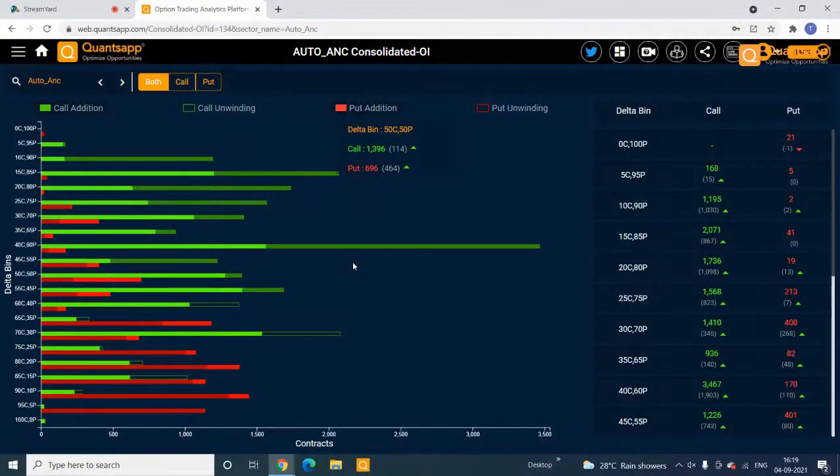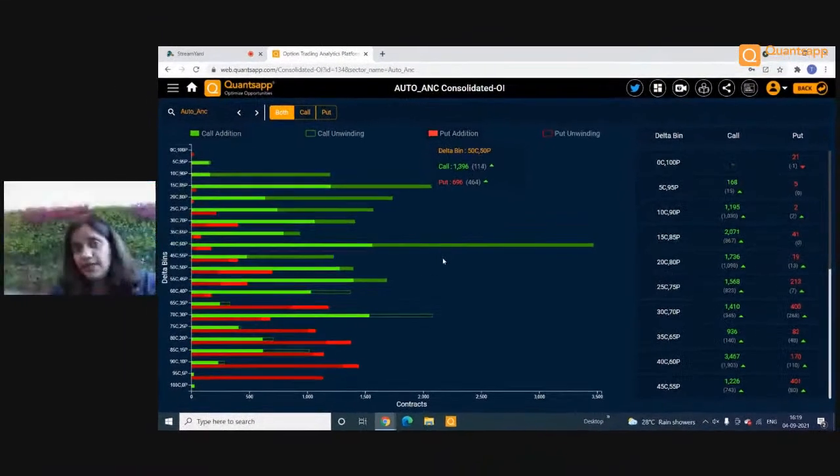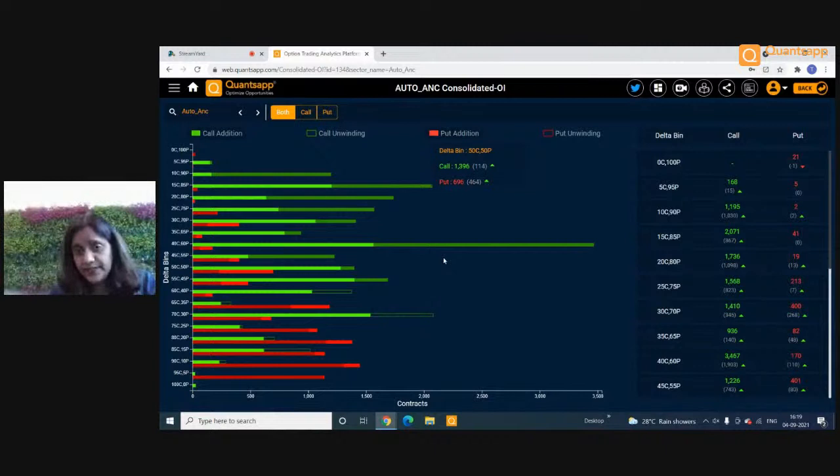As the stock moved from 2300 and started going towards 2360, 2370, that 0.5 delta became 0.7 delta. Correct? Because now that option is an in the money option. So yesterday's at the money will not be today's at the money.